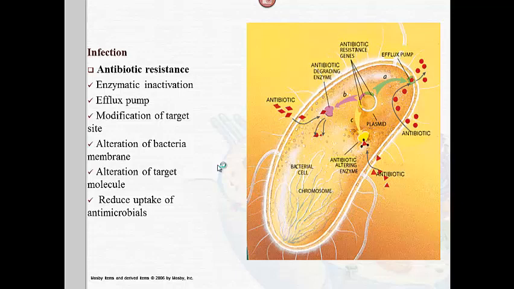Now, before I end this PowerPoint, I would like to talk a little bit about HIV. It's part of the adaptive immune system PowerPoint, but I would like to elaborate more than what was discussed in class.